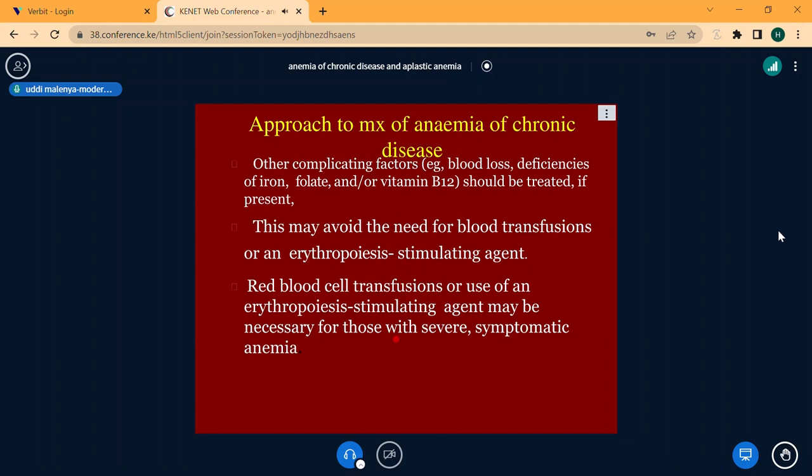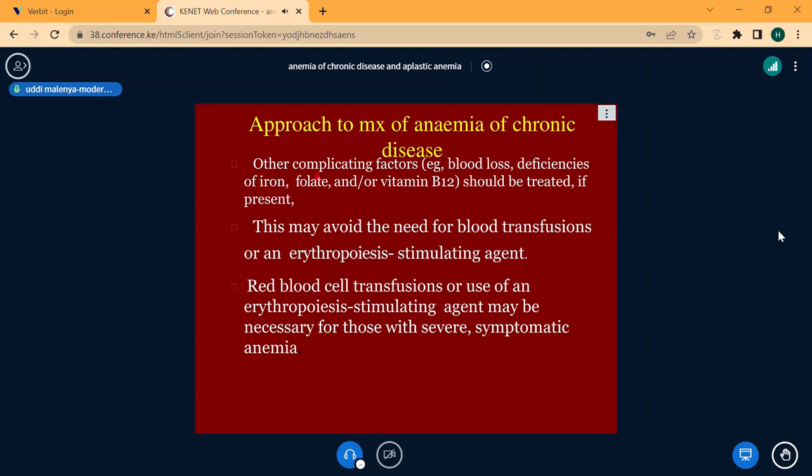Now, one of the things, for example, is if a patient is having blood loss, deficiency of iron and folate because of poor absorption due to an inflammatory process that is occurring probably in the stomach mucosa. For example, if a patient is suffering from chronic atrophic gastritis, right?